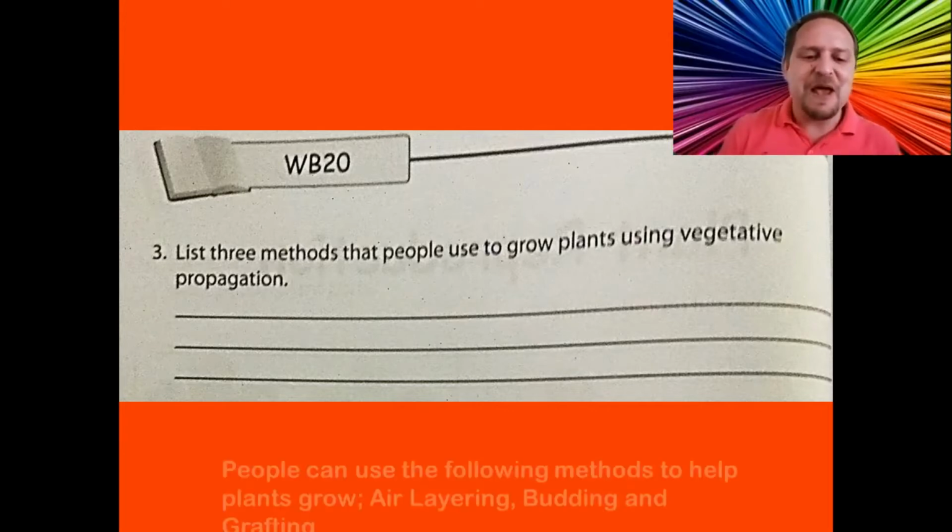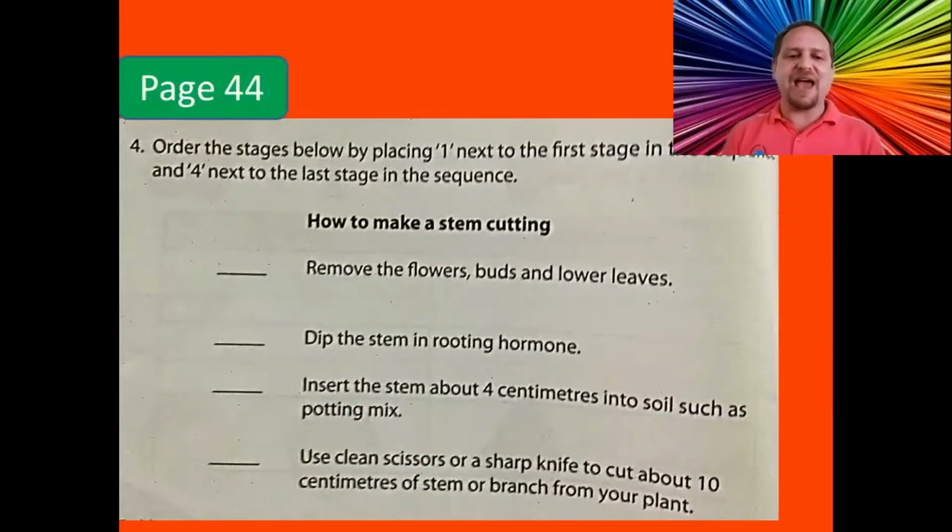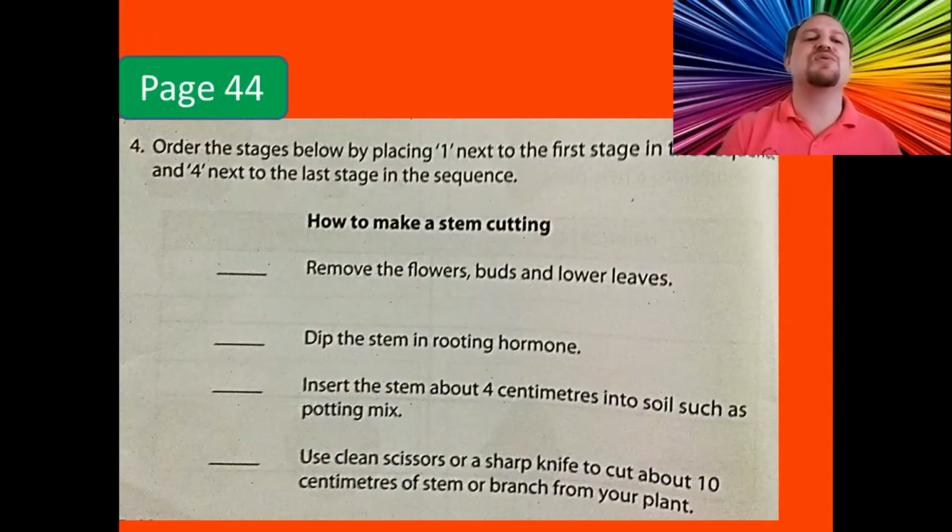Let's have a look. People can use the following methods to help plants grow: air layering, budding, and grafting. Okay, excellent.